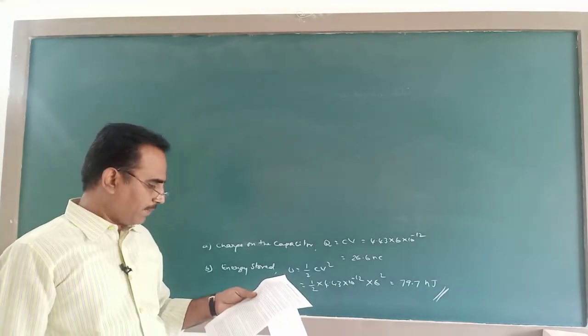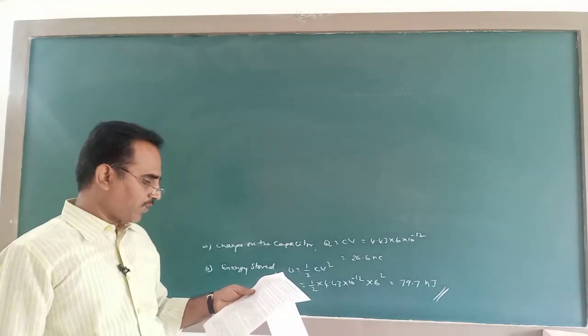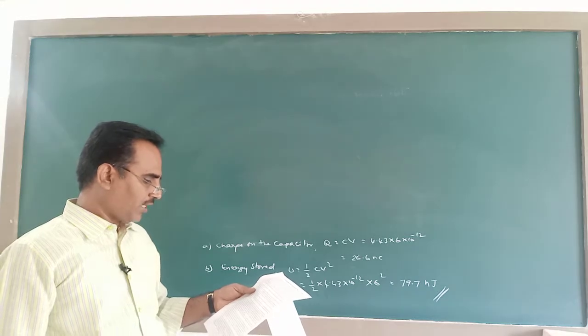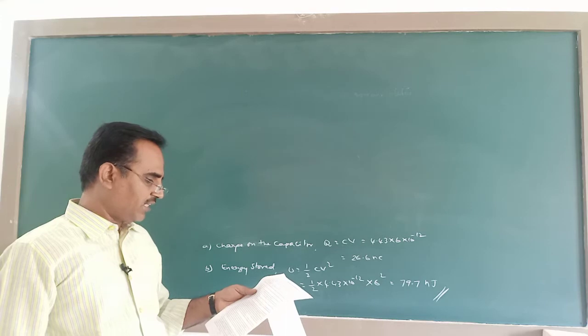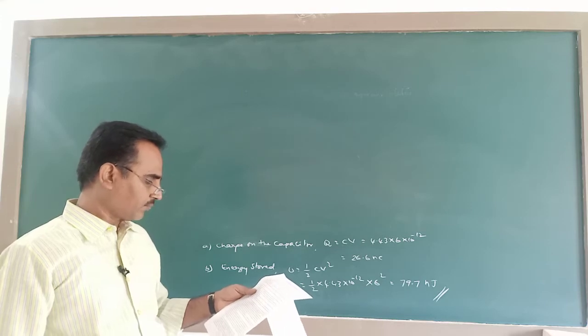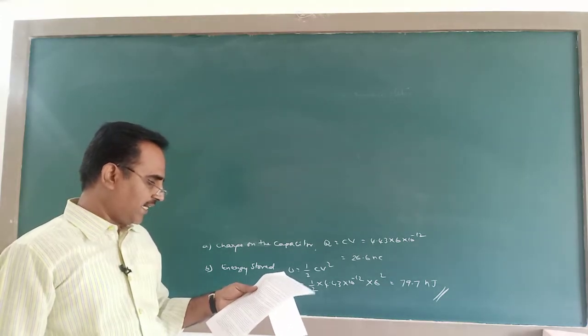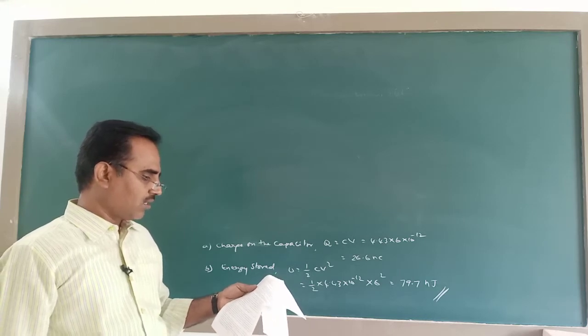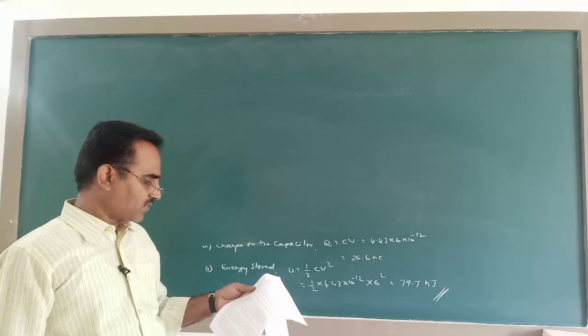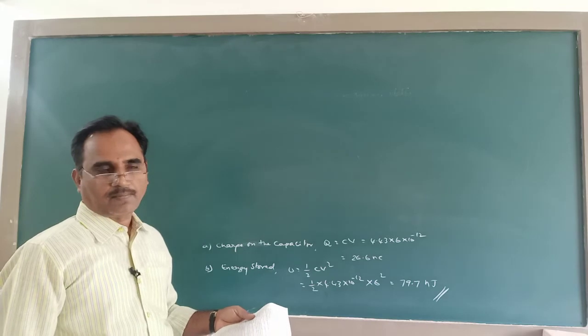A parallel plate capacitor collects a charge of 3 microcoulomb when connected to a 1.5 volt battery with air as a dielectric. On replacing the air with a dielectric material, the capacitor collects 9 microcoulomb of charge. Find the dielectric constant of the material and also energy stored in it with the material as a dielectric.